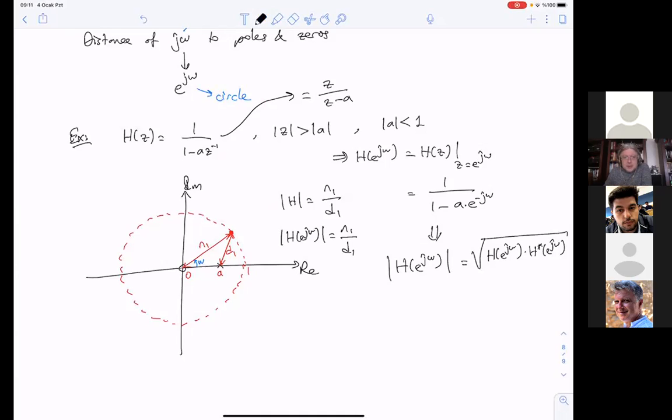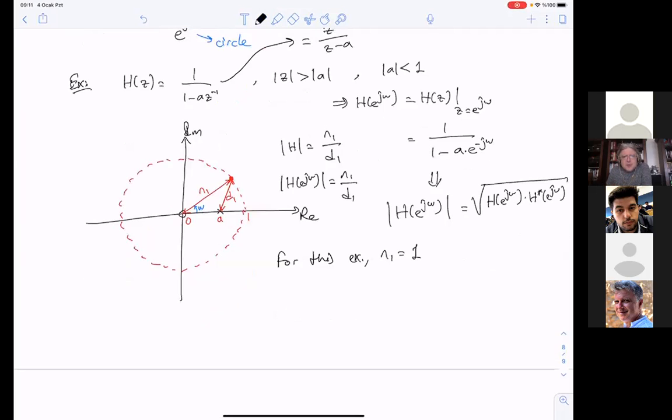Now we can make a few observations from this too. First of all, in this example, n1 is always equal to 1, because the zero is at the center.